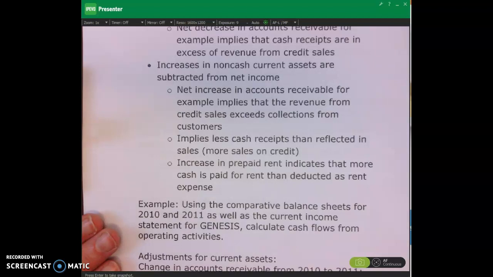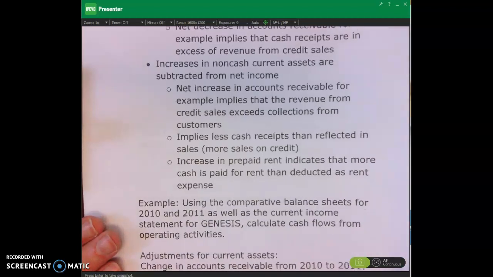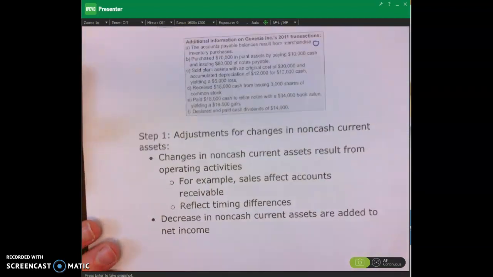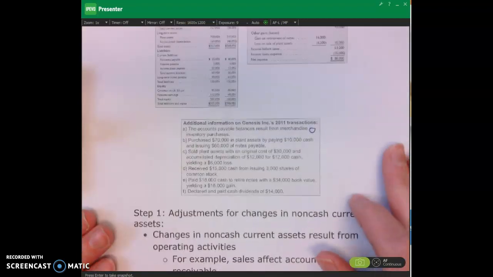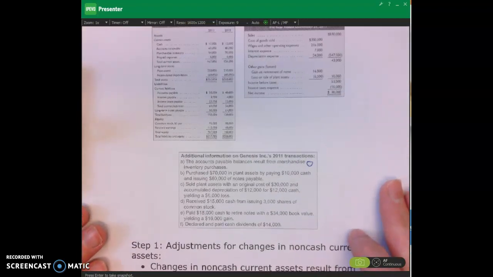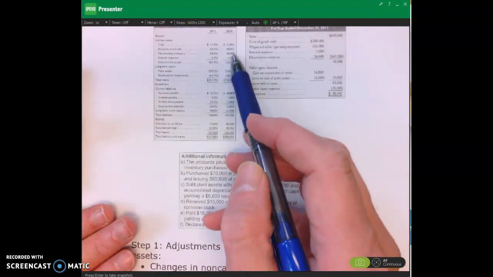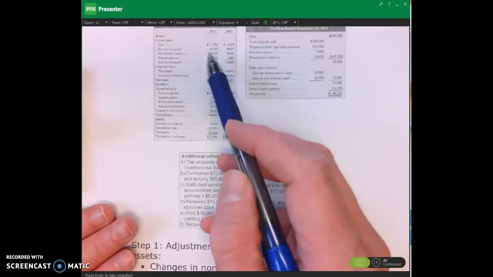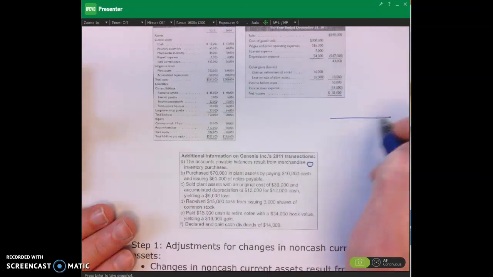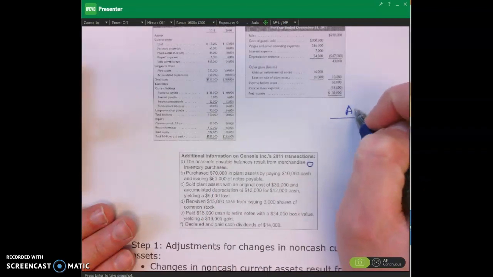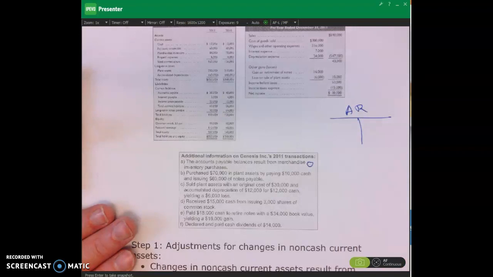So why is that? Let's look at accounts receivable over here to figure out why. I'm going to do a T account. You can see right over here, I have accounts receivable, 40,000 beginning, and accounts receivable, 60,000 ending. So I have AR for accounts receivable right there.